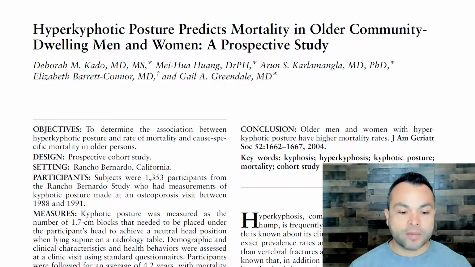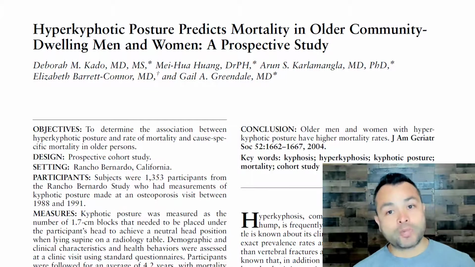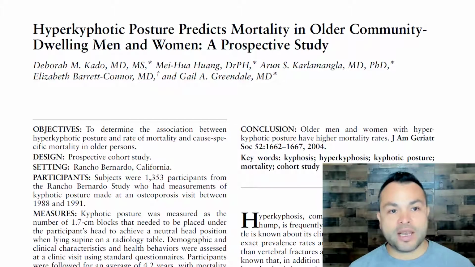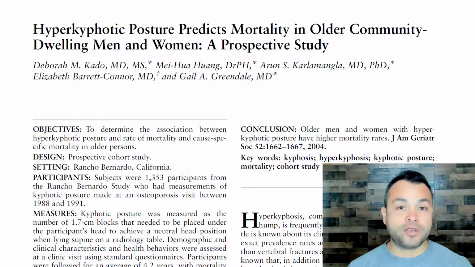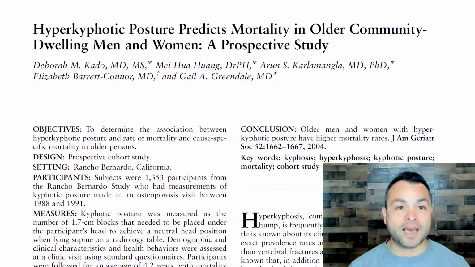There's a strong connection there. The author's primary conclusion was that older men and women with hyperkyphotic posture have higher mortality rates. So the worse posture you have, the higher the chance of death. For deaths due to atherosclerosis, heart disease, even in the full model, participants with hyperkyphotic posture had a significant 2.4 times greater rate of death.